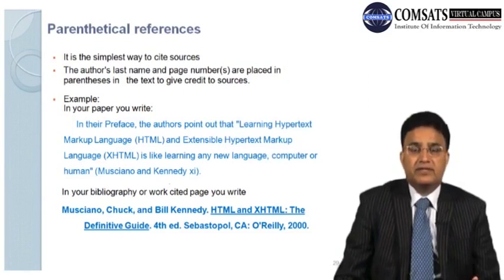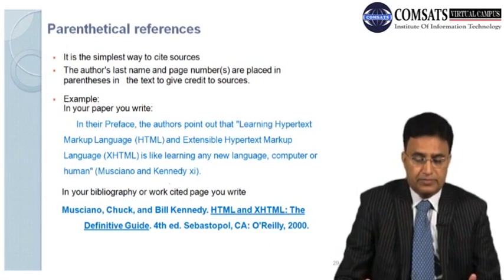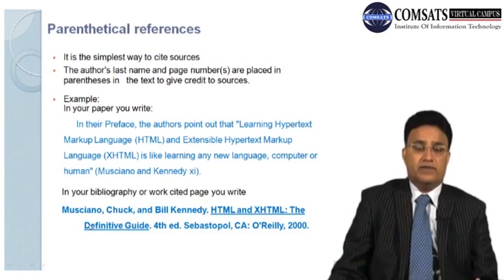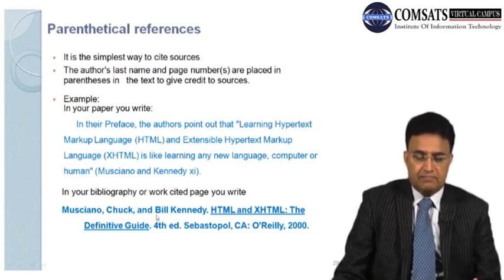In your bibliography, more appropriately in MLA, a works cited page, how will you write this? You will give the full reference. That would be Musiano, Chuck, the full name of the writer in reverse order, first surname, then first name, and Bill Kennedy, it is not reversed, it is written as it is. And then the title of the book, that should be in italics.